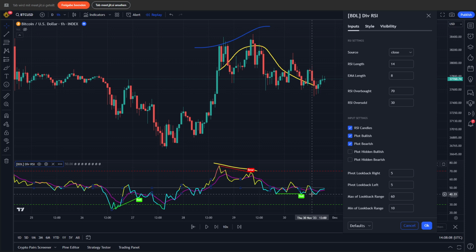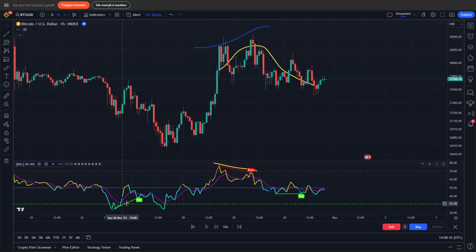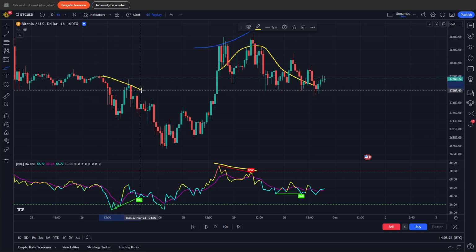I also want to explain the other functions we have here, but before I come to that, here is a nice example just before. Let me highlight it. We have the trend like here, and we have the trend like here.